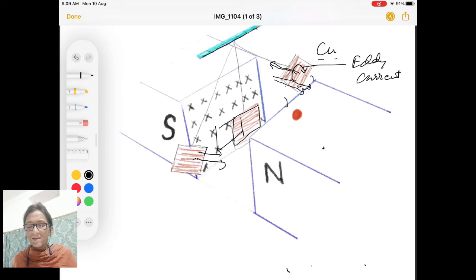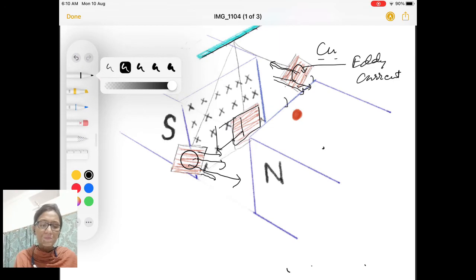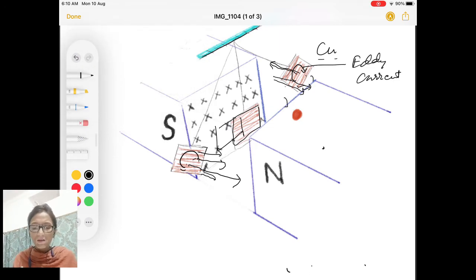And in trying this, it will generate a magnetic field in the direction of the pre-existing magnetic field, so that the reducing flux is strengthened. Now you can apply your right hand thumb rule. You can place your thumb in the direction in which the magnetic field is created, and you will find that the direction of current will be anti-clockwise.